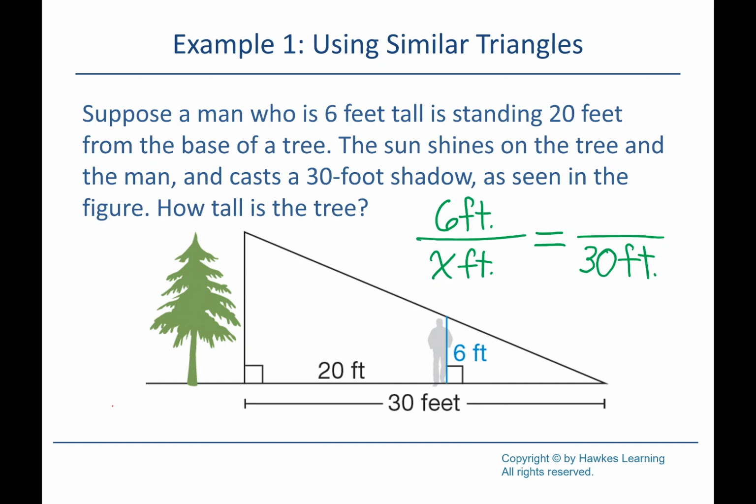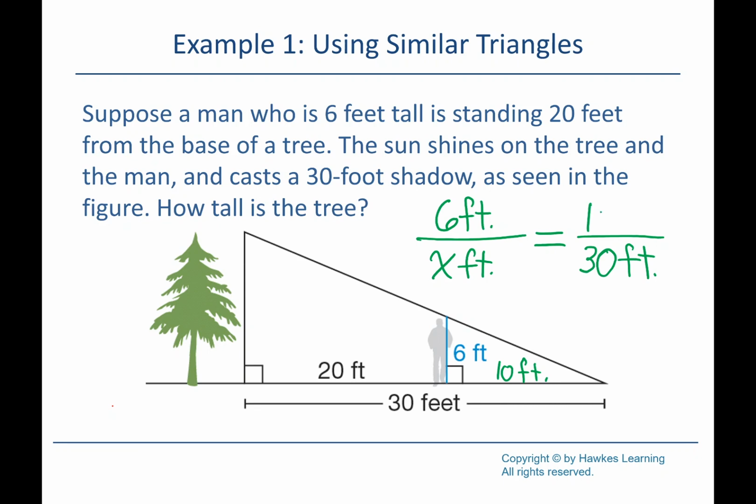And if we're going to do that, we want to compare that to the bottom side of our little triangle, which it doesn't give us, but we can figure it out. What's it going to be? 10, yeah, because we know the whole thing's 30. We know the man's 20 feet away from the tree. So 30 minus 20 gives us 10 feet between the man and the end of the shadow here.